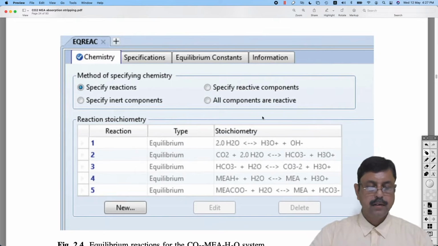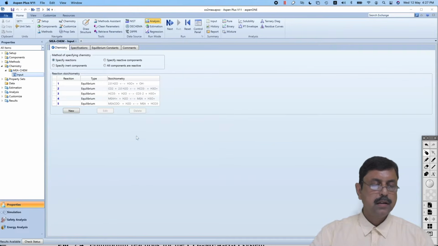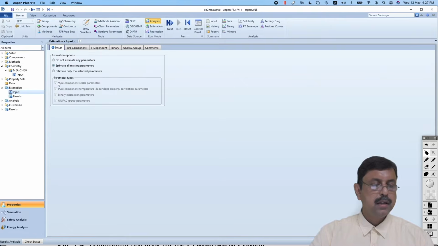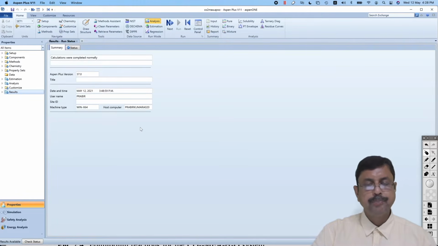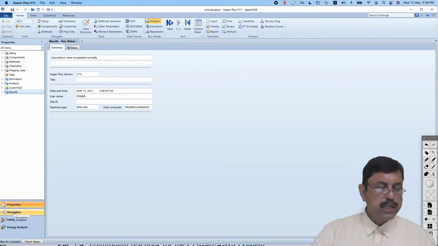This one. Okay. We have to add in this stoichiometry. And we have done the estimation, in which I said to estimate all missing parameters. And the run status says calculations were completed normally on this date and this time. Okay. Now we shall go to the simulation window.